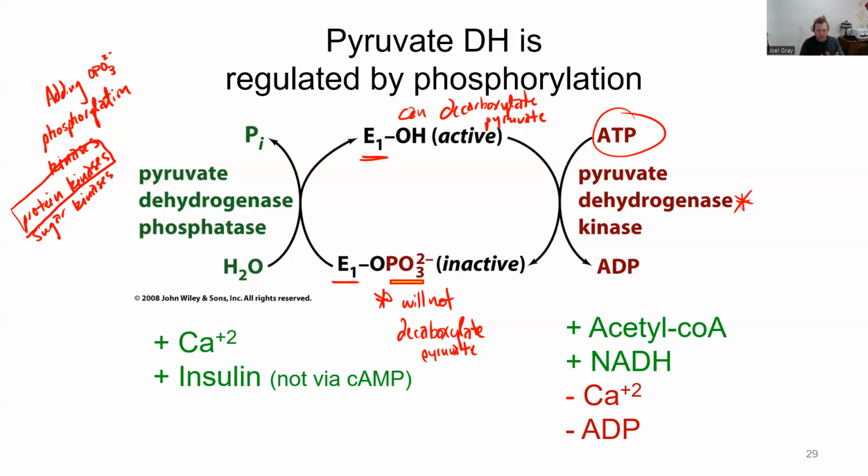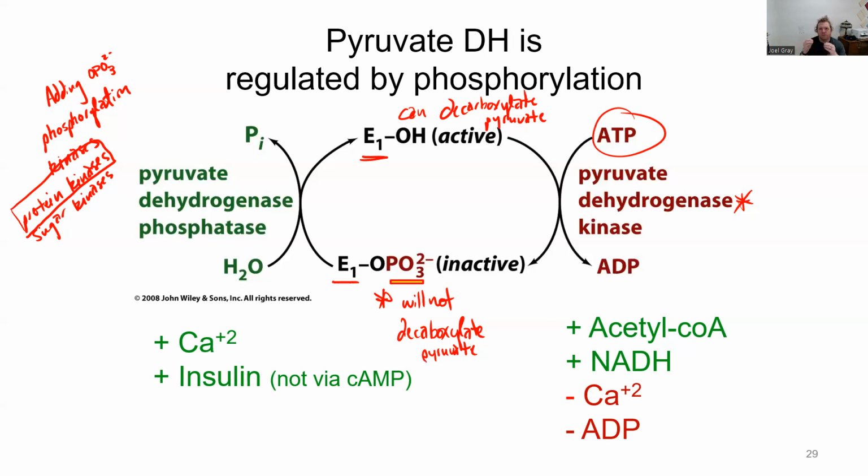The pyruvate dehydrogenase complex can be regulated by NADH, which is a product of that pathway, or by this other enzyme, pyruvate dehydrogenase kinase, and pyruvate dehydrogenase phosphatase. So thinking about when are circumstances that you want to generate a lot of NADH.